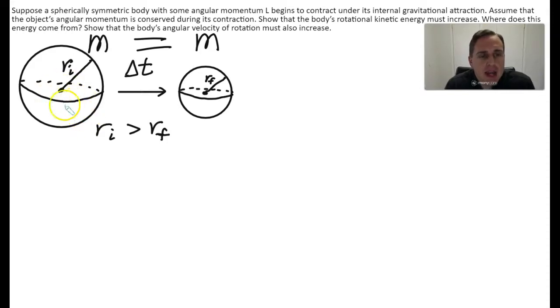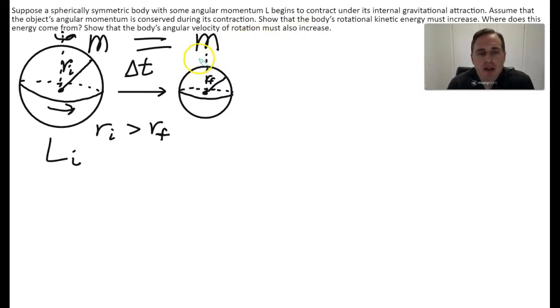And the idea is that we're going to have a certain angular momentum, let's call it L initial. Now, by the way, we don't know what's causing L initial, but let's just assume that this sphere is rotating, maybe around this axis. We don't really know. But let's assume that at a later time, it's rotating around the same axis, but I think it should be rotating faster.